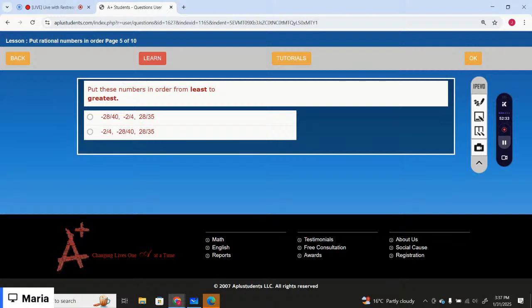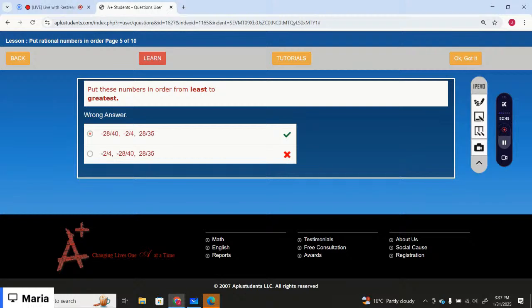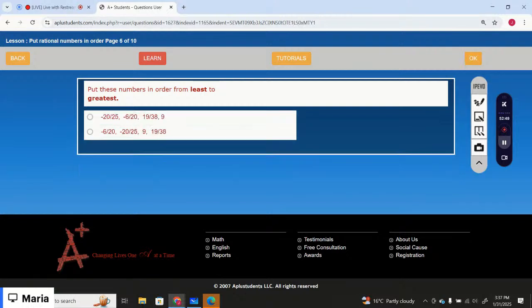Option number 2 is the correct option. That is negative 2 by 4, negative 28 by 40, and oh sorry, option number 1 it is. Put these numbers in order from least to greatest.